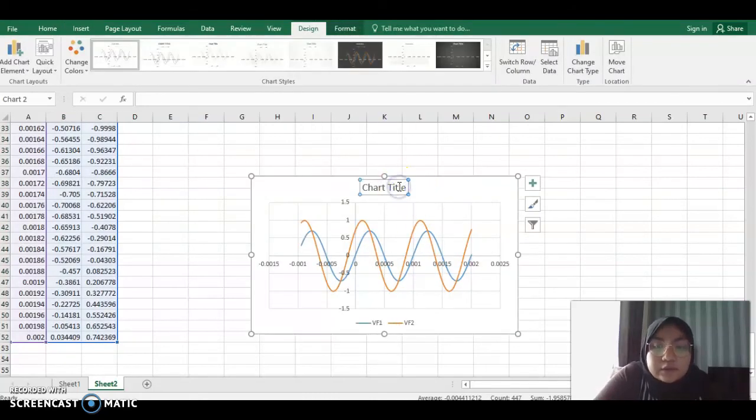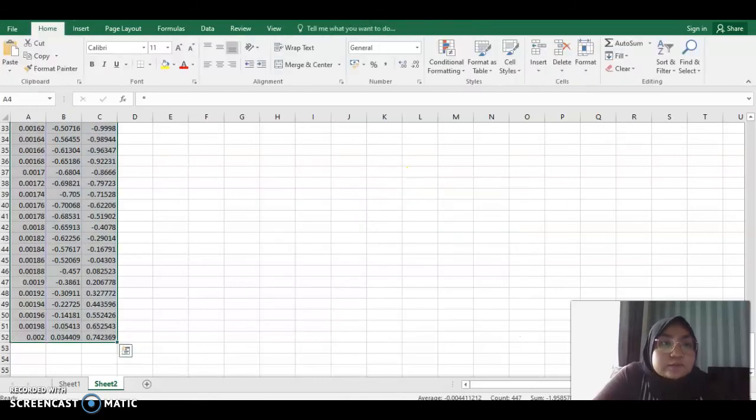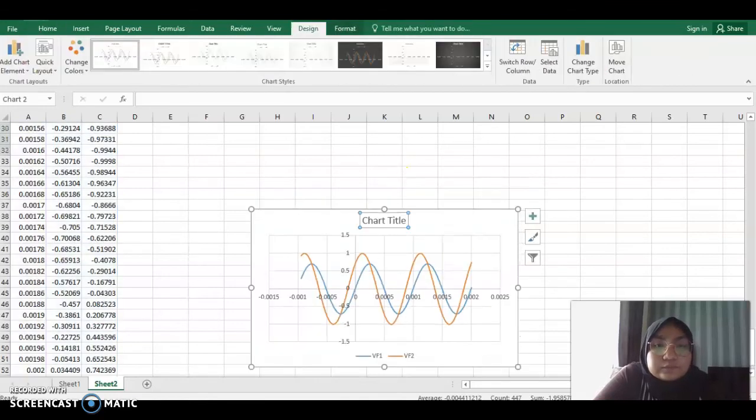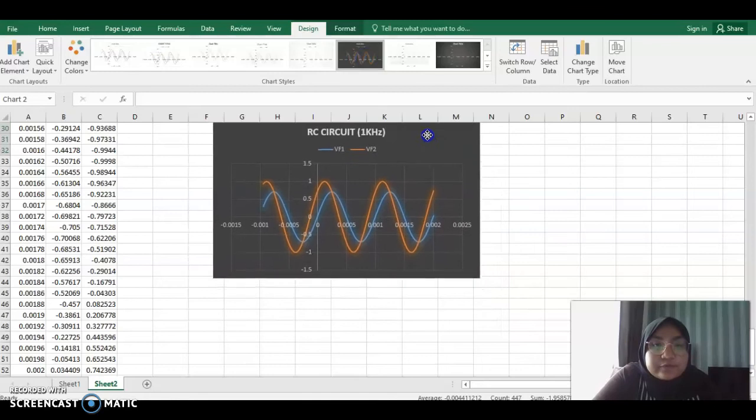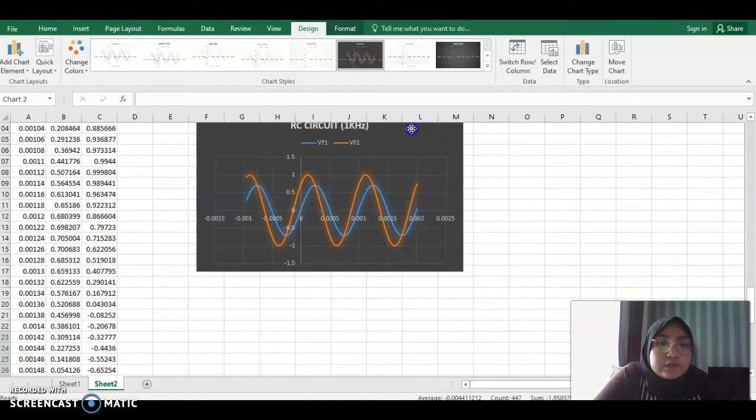Okay, so we got the graph already. I name it as RC circuit, 1K Hertz. Now we have all the data and also the output graph.